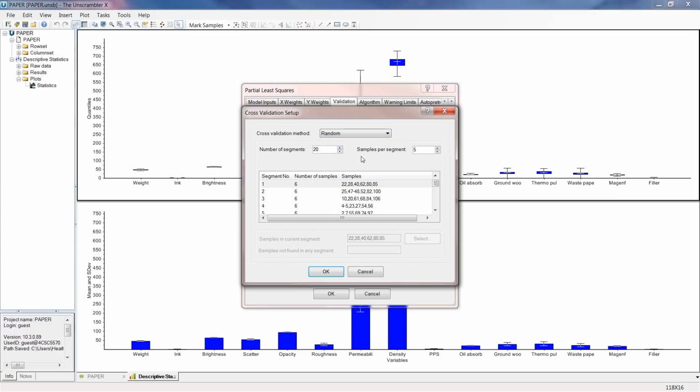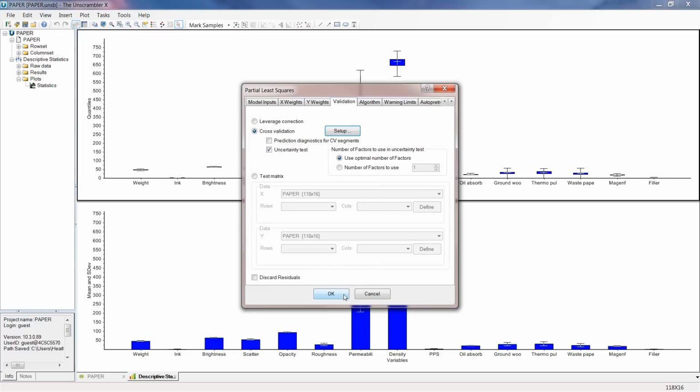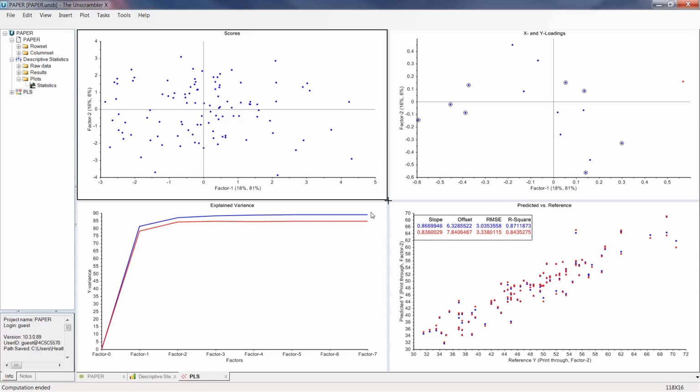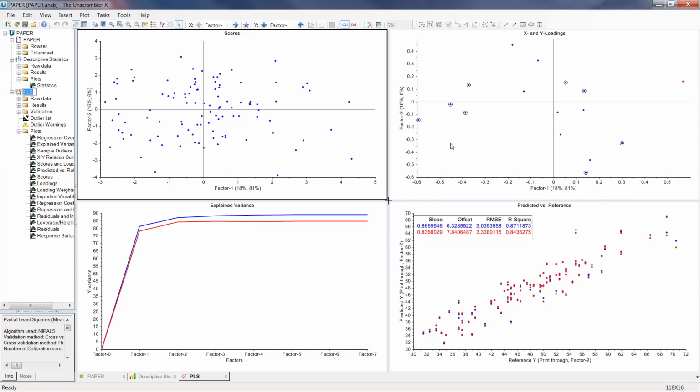We're going to go with random, and we're going to do 20 segments, which pulls out 5% of the data, and then runs your calibration, predicts those 5 samples back in, and goes through until every single data point has been left out and predicted back in. We say OK. And now we have our model.